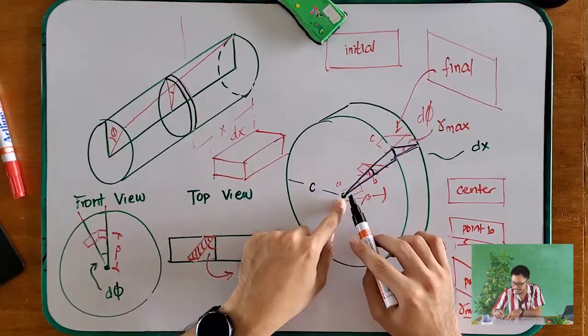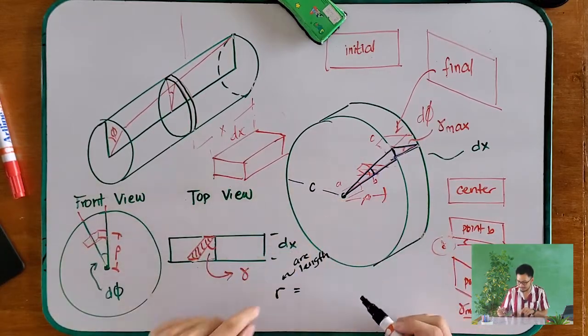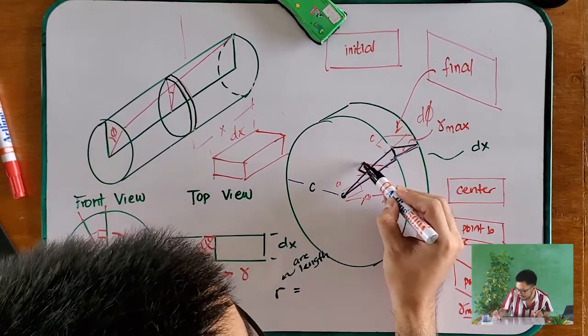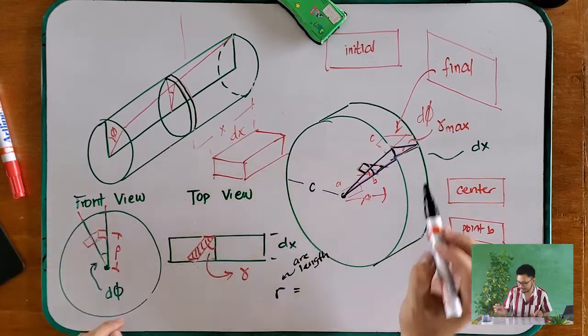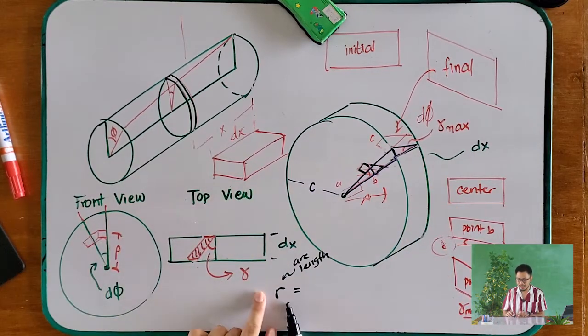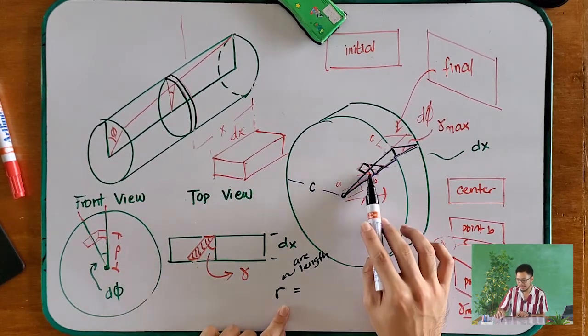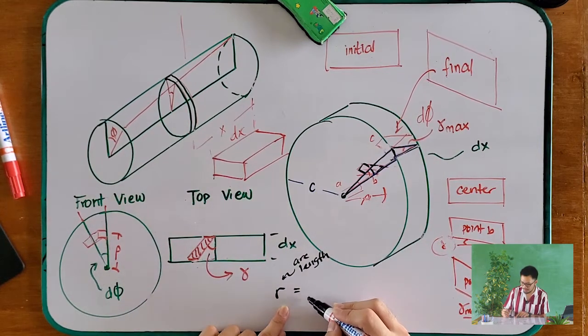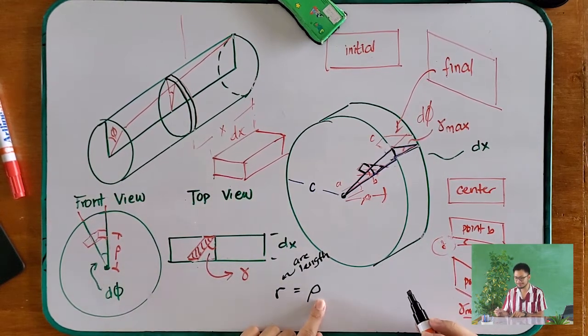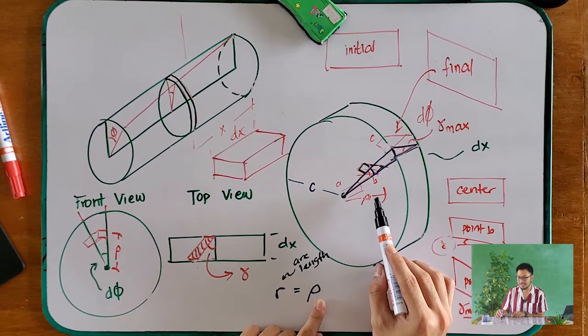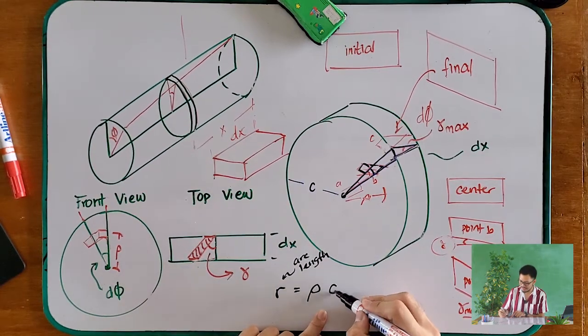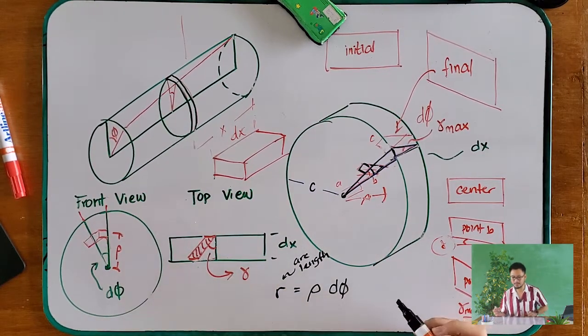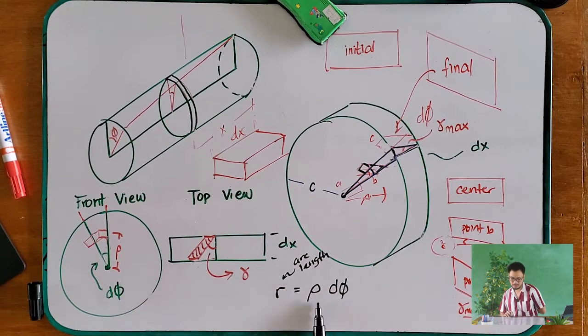So here, first in the big triangle, here in our small element, this one. So what is it? To get your R, the arc length of this small one, what is it? Rho times your angle, which is d phi. Okay? So rho times your angle in radians.